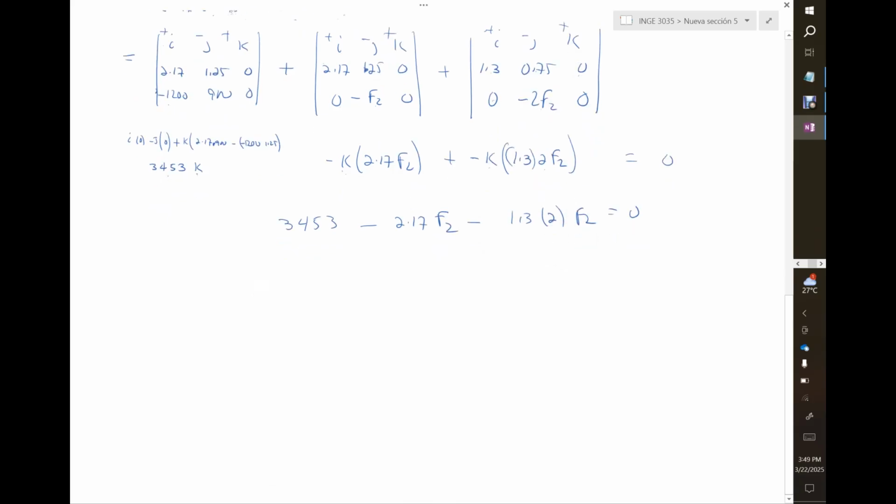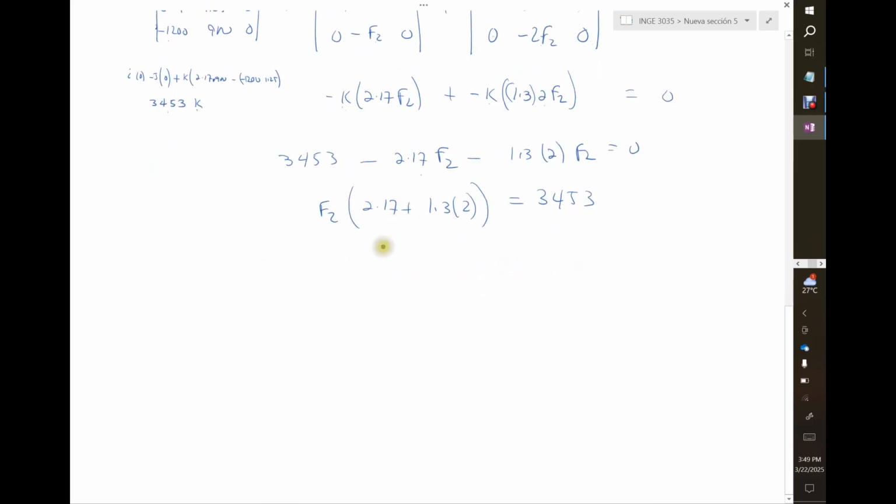So breaking this apart, this can go to the other side, so we can use the distributive property. That's going to be 2.17 plus 1.3 times 2 equal 3453.